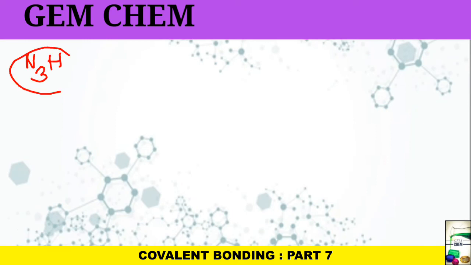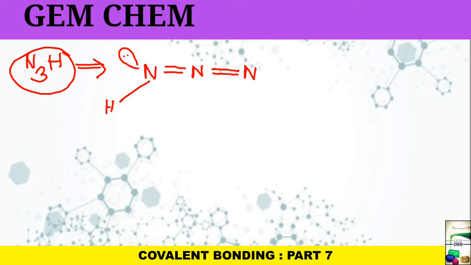N3H, if you can see, if we consider for N3H, then it will look like this. That is, here will be double bond, here will be double bond, a hydrogen will be present, here is our lone pair. Similarly, here is a negative charge and here is a positive charge.